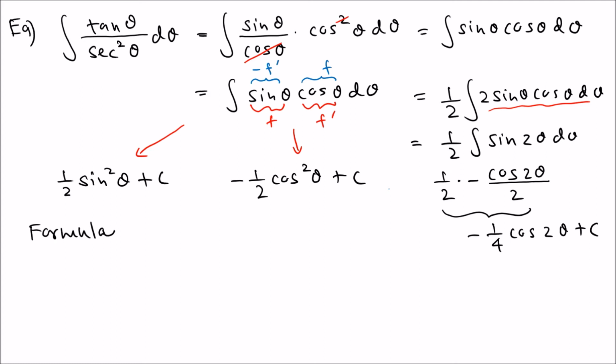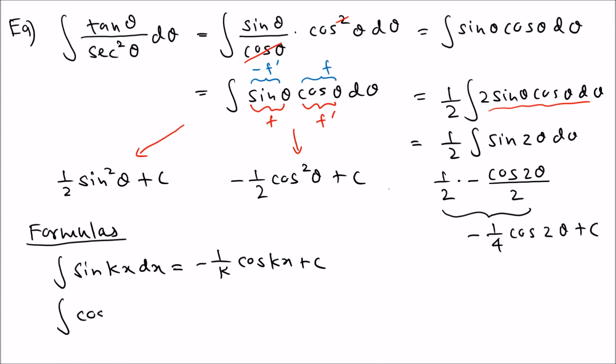These formulas are sometimes very helpful. One of the formulas: when you have sine kx dx, k is a constant, this is negative 1 over k cosine kx plus c. Then we have cosine kx dx, which is 1 over k sine kx plus c.